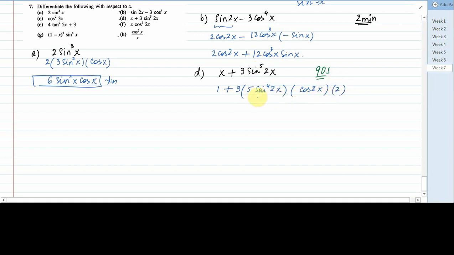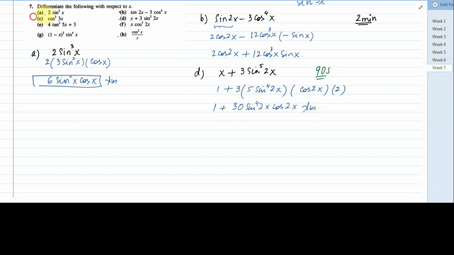Alright, first we differentiate the power, then the function, and then the angle. So the final answer will be 3 fives are 15 and 15 twos are 30 sin⁴ 2x into cos 2x. That is your final answer.